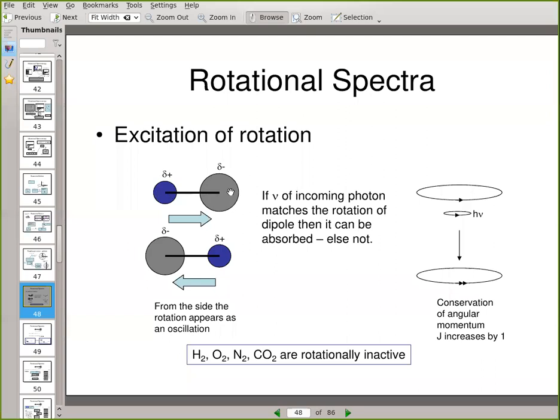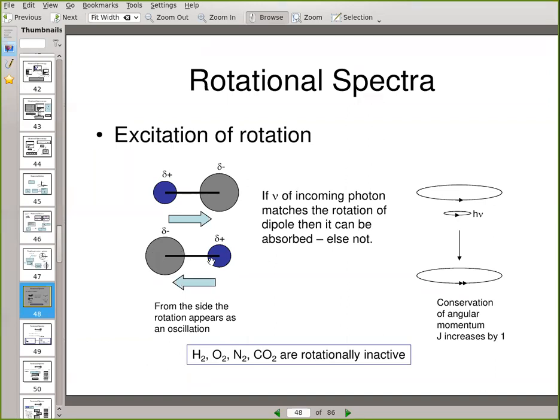So you can imagine that as something rotates, if you've got a delta minus and a delta positive, as it rotates, it'll look like an oscillation. That is the exact oscillation that a photon can interact with, and so that molecule can pick up that photon.